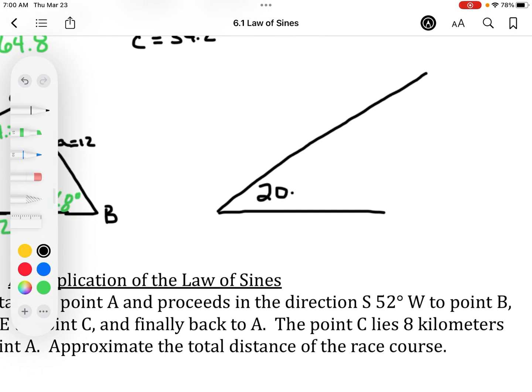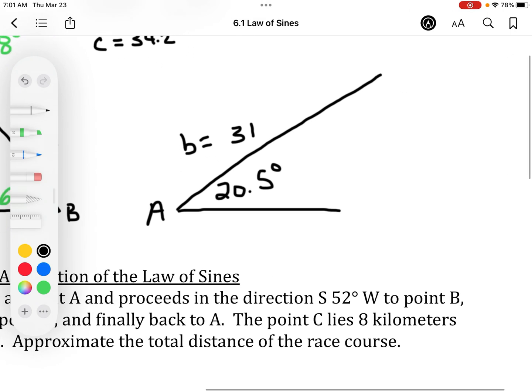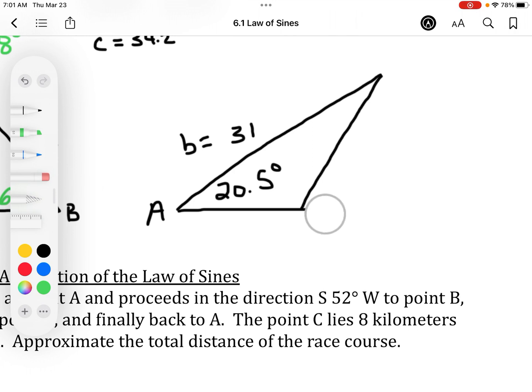So A was 20.5. That's given. 31 for B is given. Now this is going to drop on the inside. This is the second one that's always made.